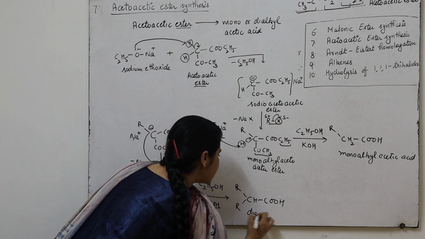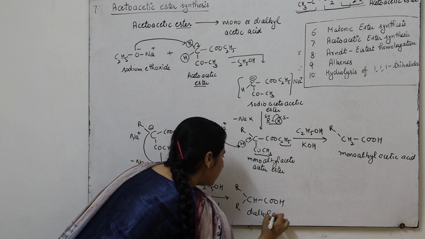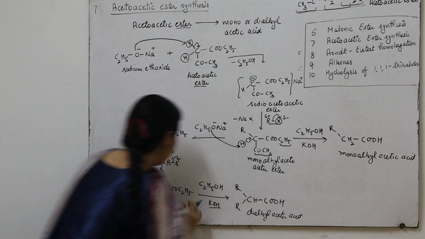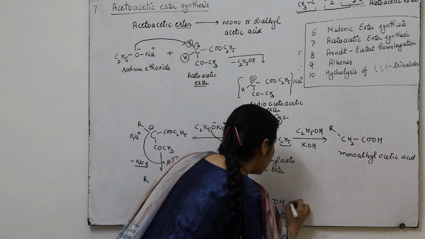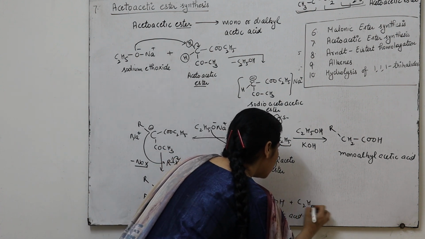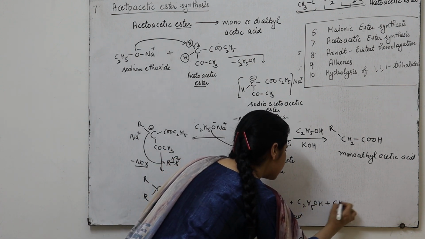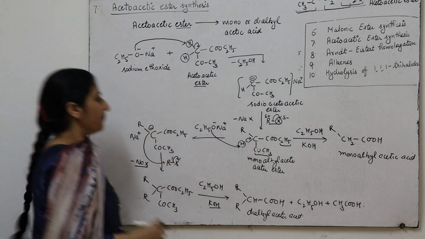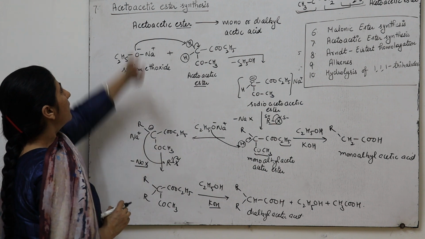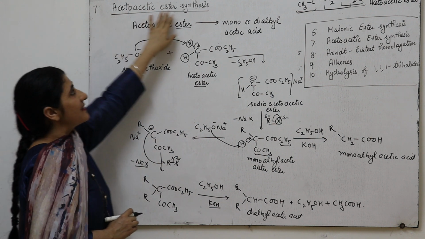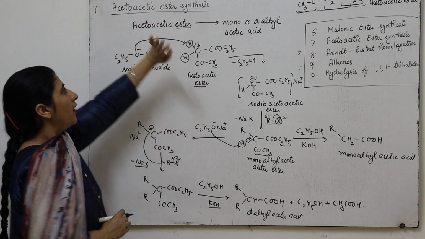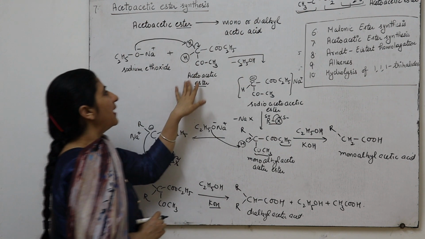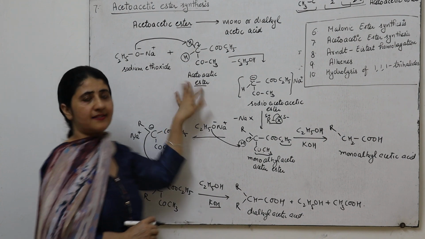So this one is dialkyl acetic acid, with the elimination of ethyl alcohol plus acetic acid. So this is the acetoacetic ester synthesis for the preparation of mono or dialkyl acetic acid from the acetoacetic ester.